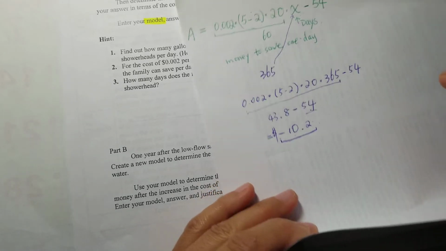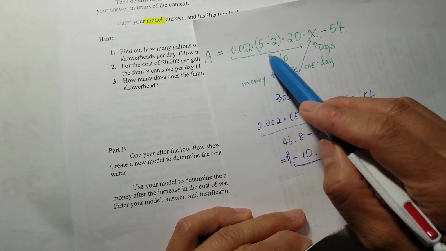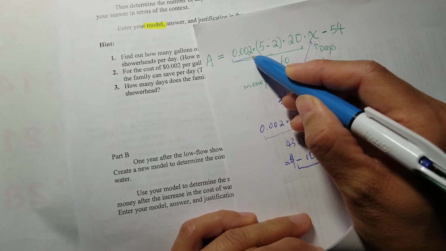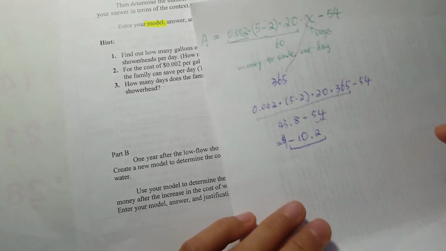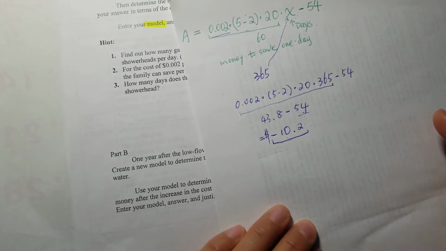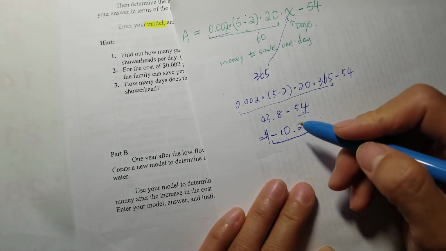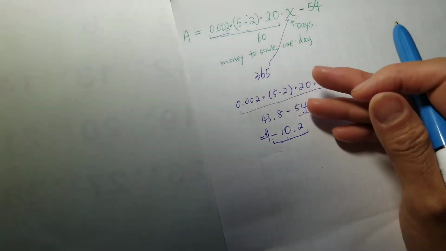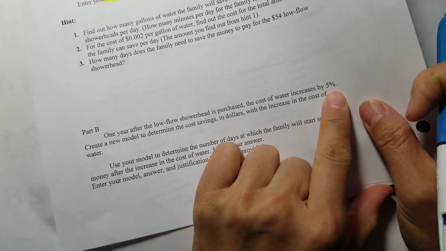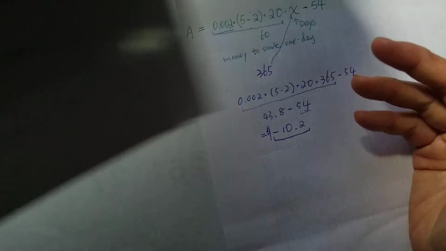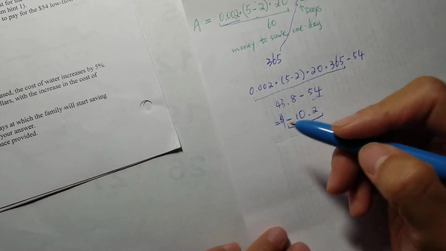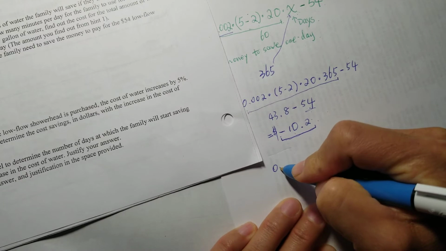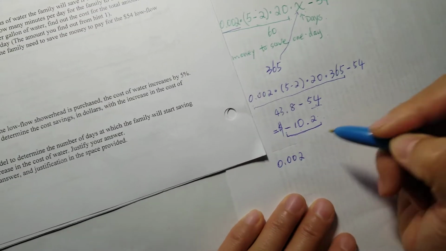Now, exactly the same procedure we're going to use here. However, we cannot use 0.002. Instead of that, we need to find out the new cost of water now, because the water price increased 5%. Now let's see. For the original price we have 0.002.